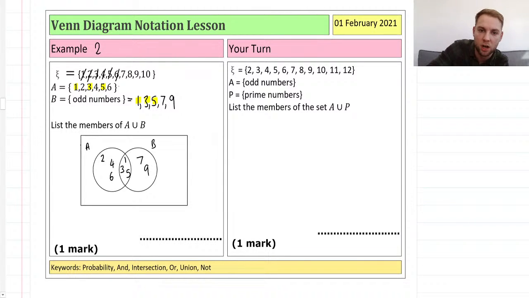So then I can cross off 7 and 9. And we're left with numbers which aren't in A or B, so they need to go outside because they're still in this, and so it's going to be just 8 and 10, isn't it? 8 and 10 are going to need to go outside.